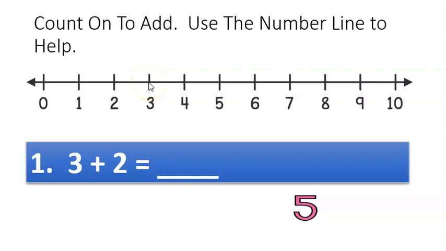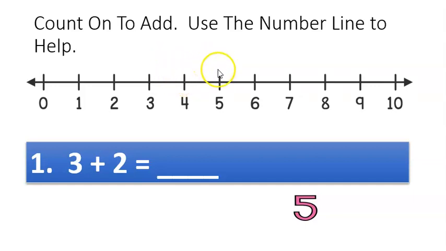Since it says plus 2, how many numbers do we have to count on to add? 2. So watch Mr. Begay. I'm going to come back to 3 right here because this is the first number we start at. 3, and we're going to count plus 2. Count with Mr. Begay. Watch.